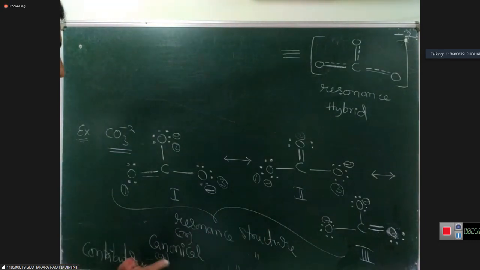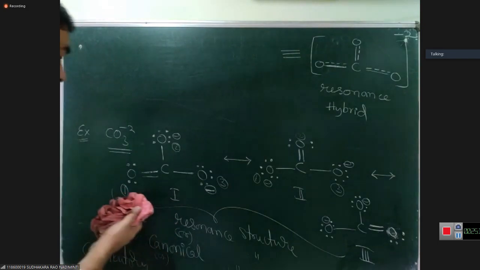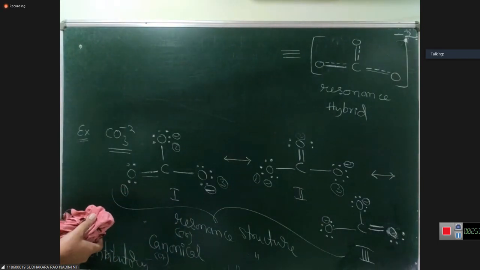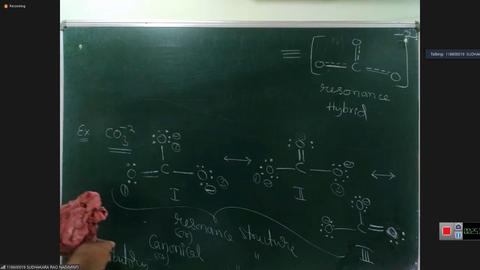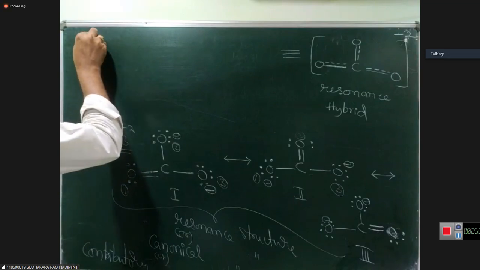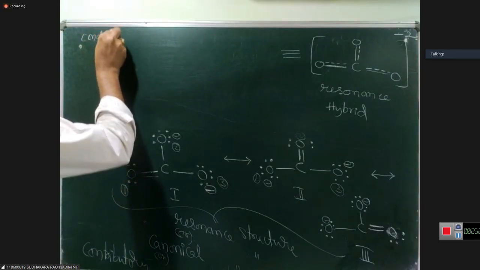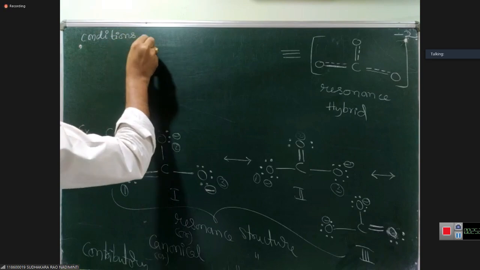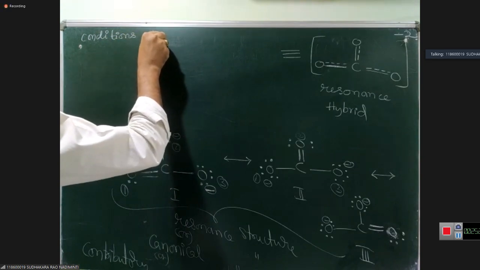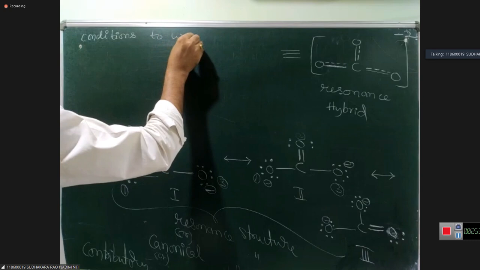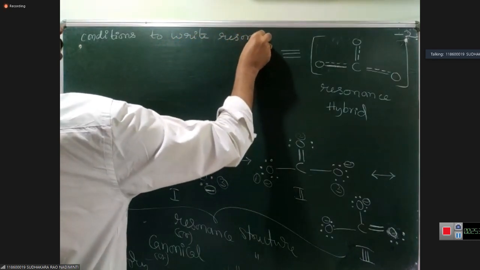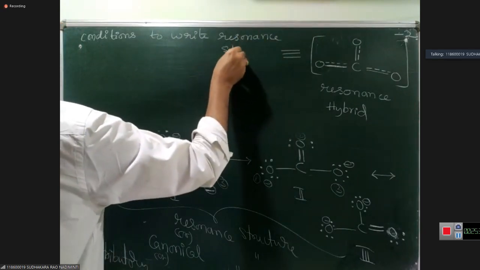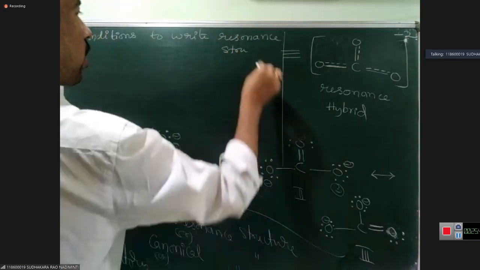Identical resonance structures are also called canonical structures.